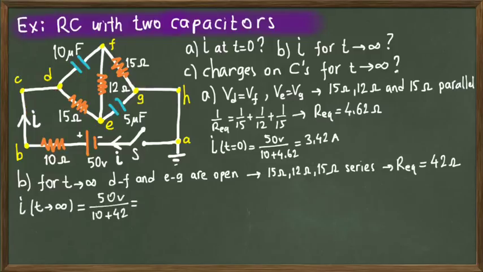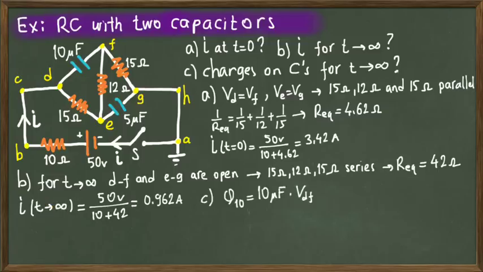So Ohm's law for a long enough time gives 12 volts divided by 10 plus 42, and you will find the current drops to 0.962 amperes, the only current flowing through the main branch of the circuit if you wait for long enough.